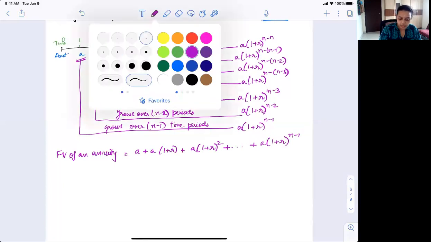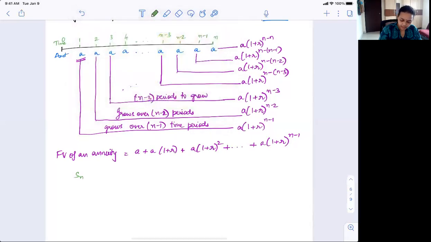And so on to A times (1 plus R) to the power n minus 1. Now this is very similar to the sum of a finite geometric series, where you have A times (k to the power n minus 1) divided by (k minus 1), where A is the first term of the series, which happens to be A in our case as well.